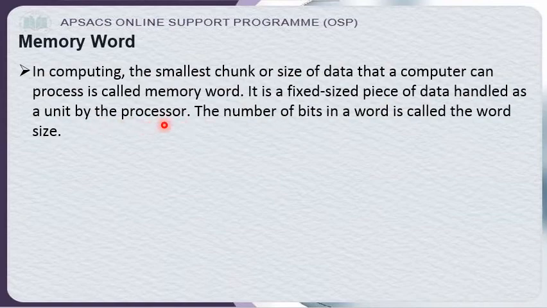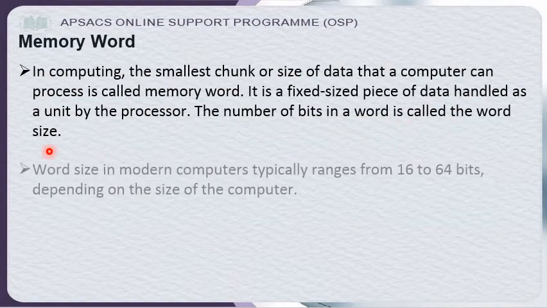It means how many lines are coming to the processor at the same time so that it can process. The number of bits in a word is called the word size.